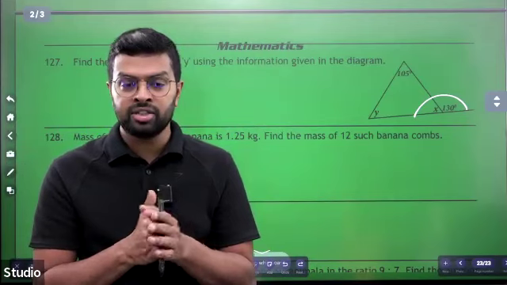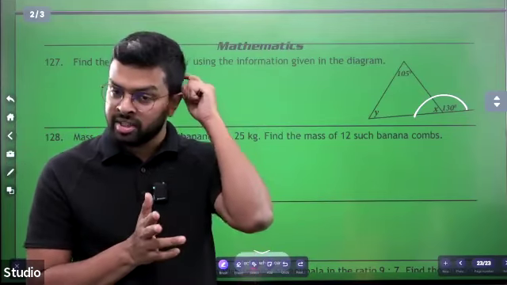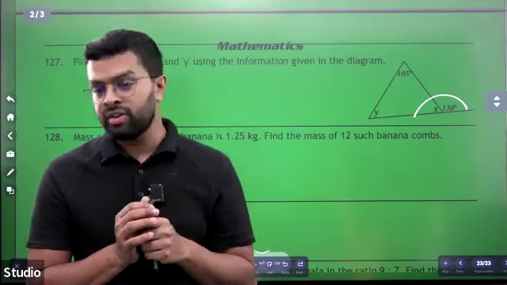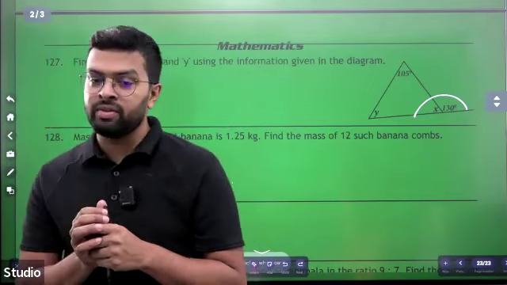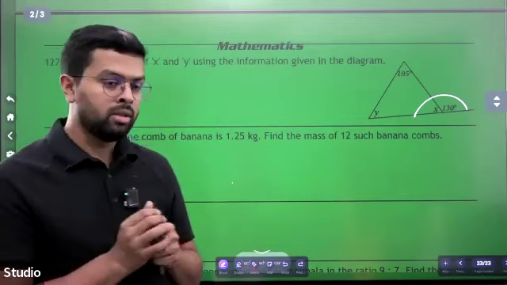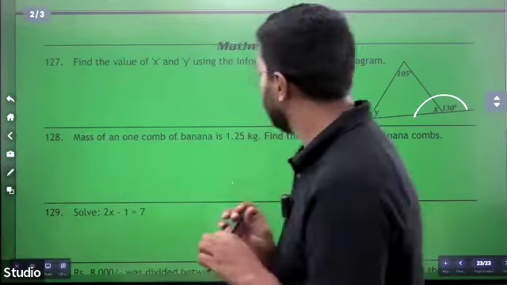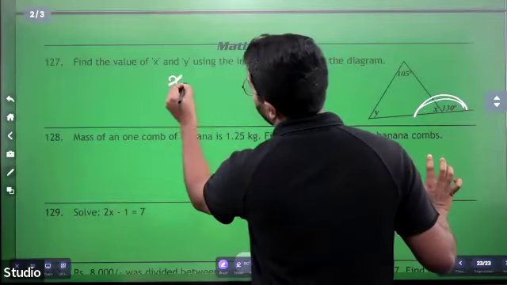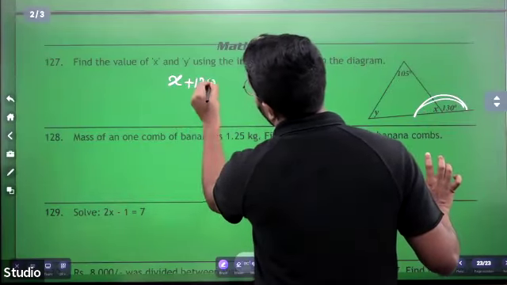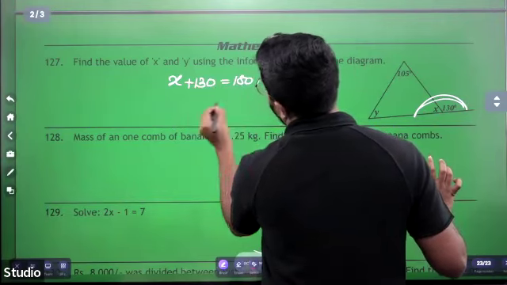A straight line creates a straight angle. So the magnitude of a straight angle is equal to what? 180 degrees. So I can write an equation: x plus 130 equals 180.